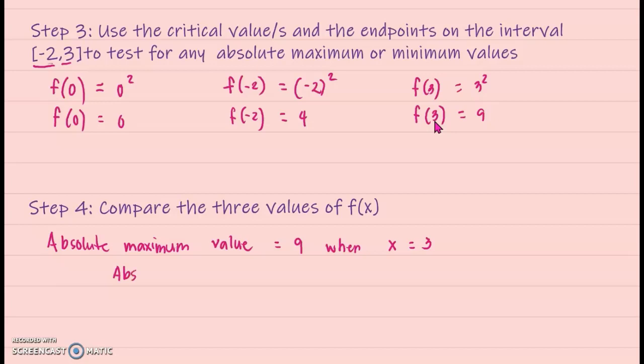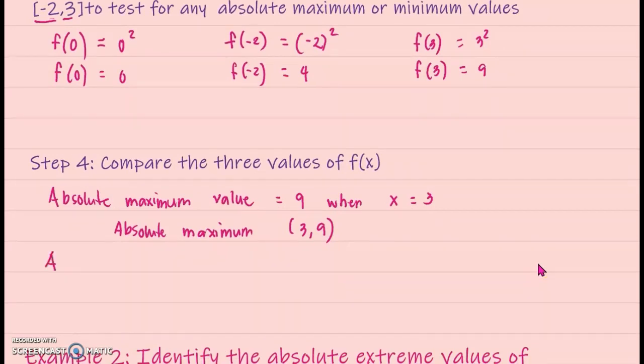So our absolute maximum is at (3, 9). Meaning to say, when you graph the function f of x equals x squared on the closed interval from -2 to 3, the highest point on that interval is at (3, 9).